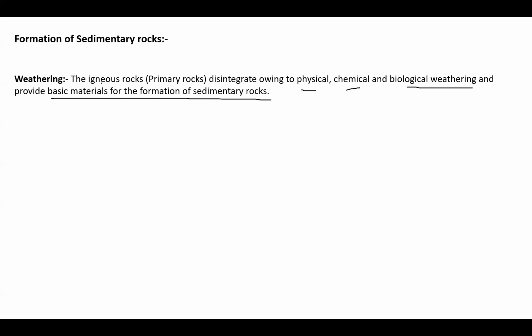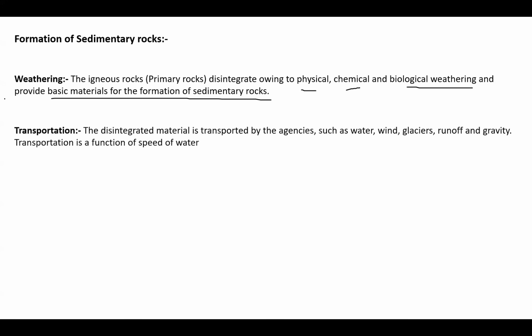Due to the weathering, by physical, chemical and biological means, it forms the basic material for the formation of sedimentary rocks. This is the first stage of formation of sedimentary rocks.